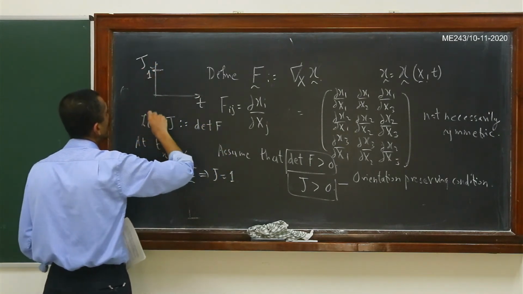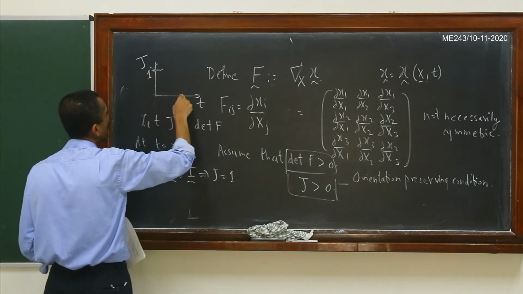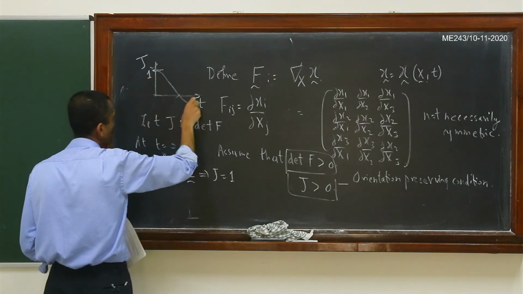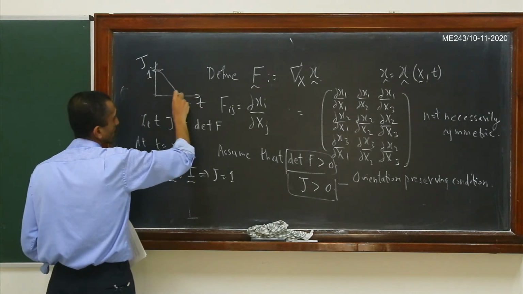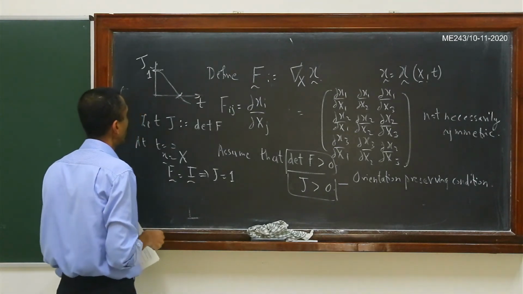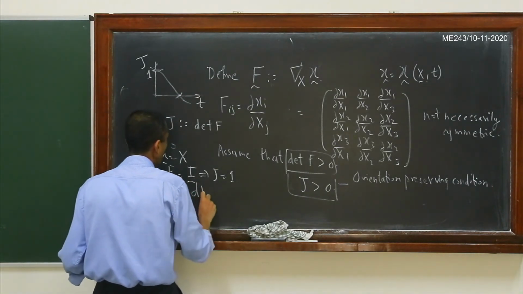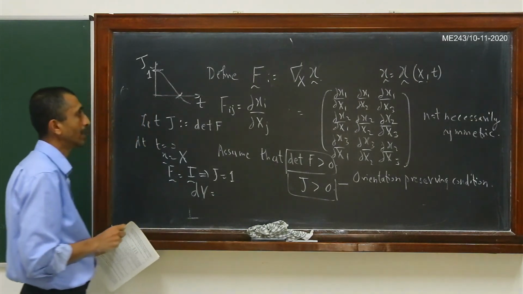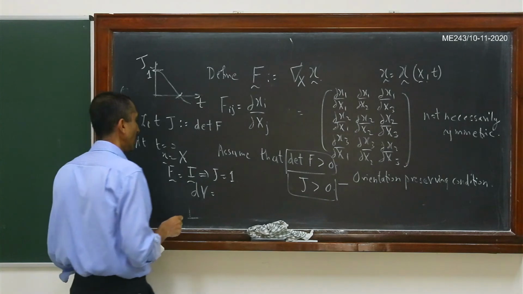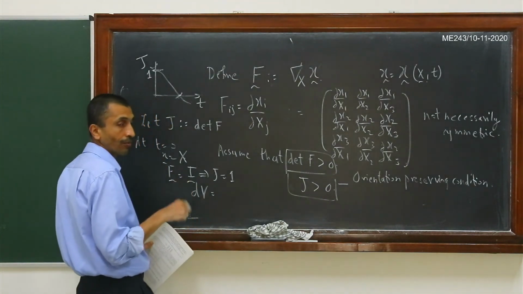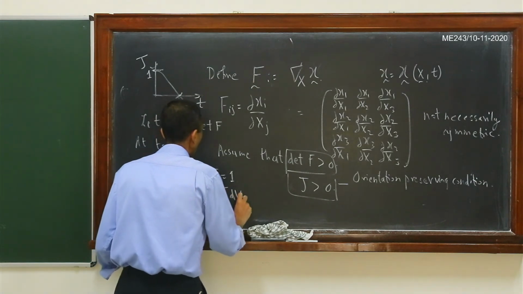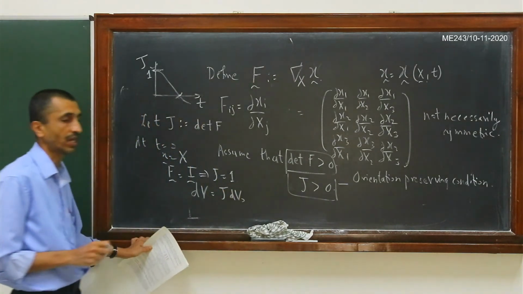Now, if J has to become negative, for example, then it has to cross 0. At a later stage, we will show that if dV is a volume element in the deformed configuration, then it is related to the volume element in the reference configuration through J: dV is equal to J times dV naught.